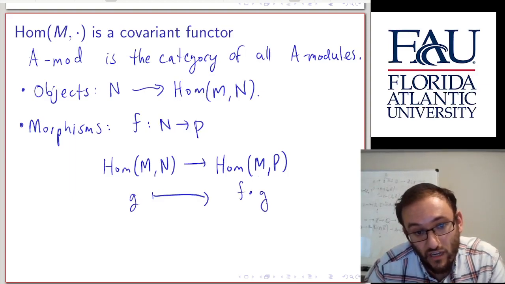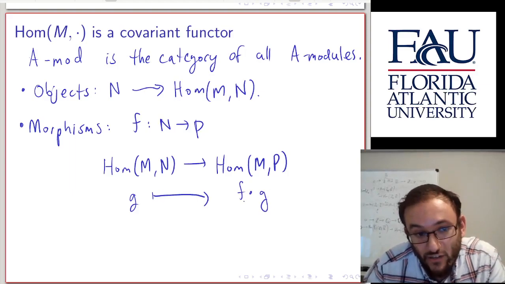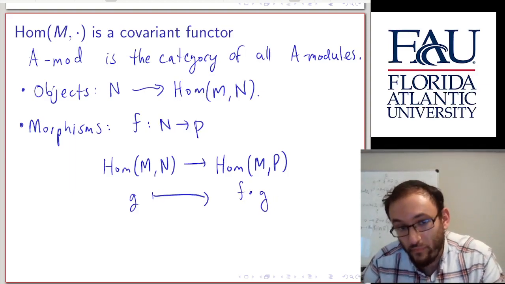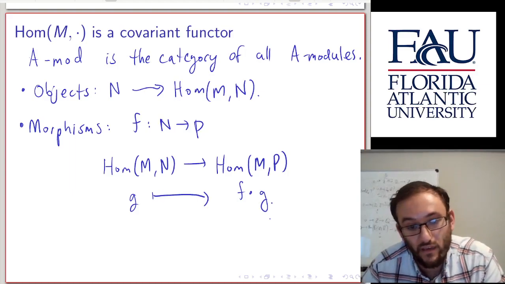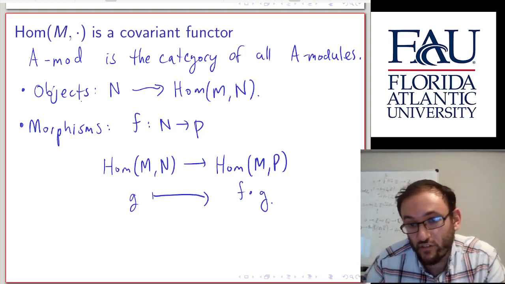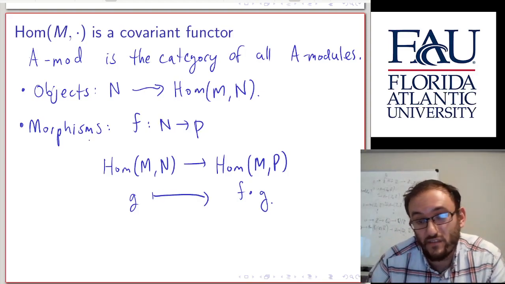So if you do g, which maps M to N, and then you do f, which maps N to P, now you have a map from M to P. Okay? So this is how the functor acts on the objects and morphisms of this category.